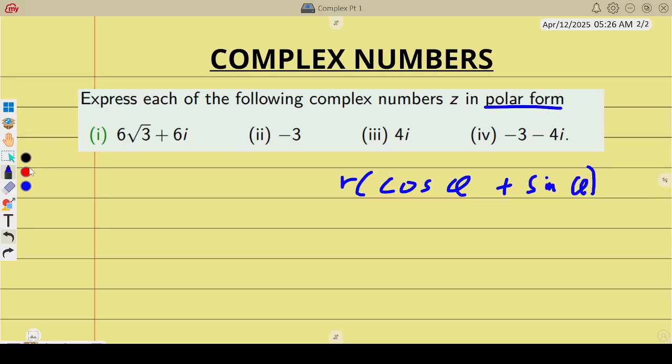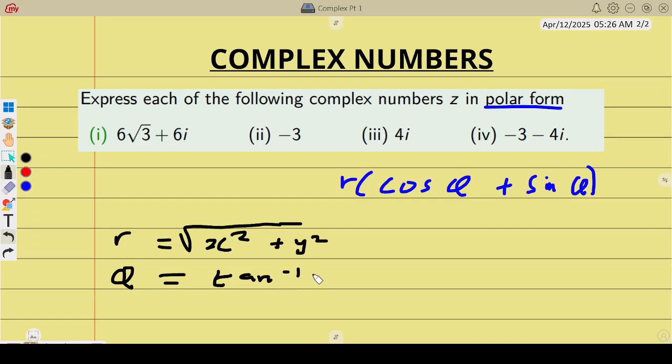We need to know how to calculate r, and also how to calculate theta, which is the argument. r is given by the root of x squared plus y squared, and the angle theta is given by tan inverse of y over x.